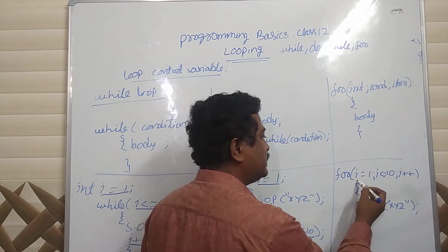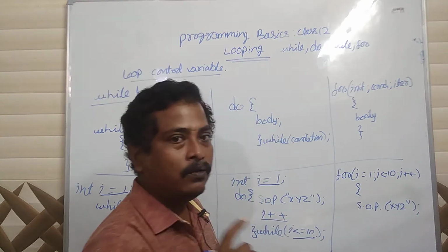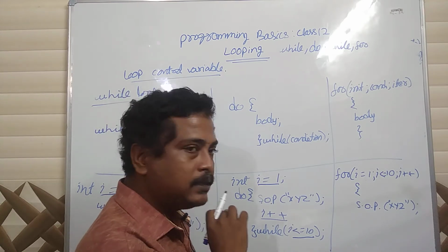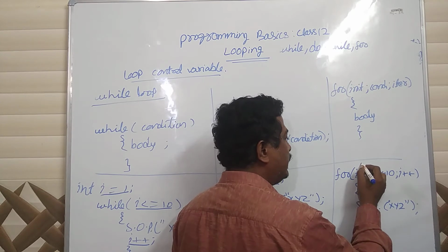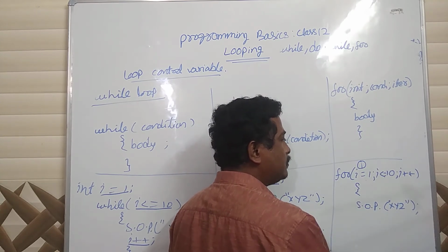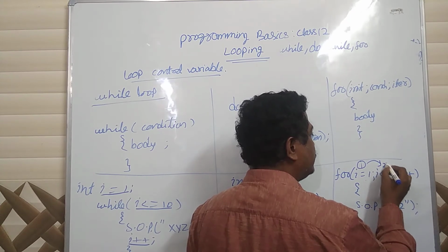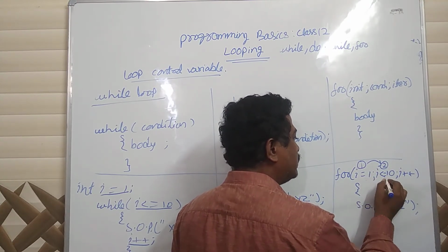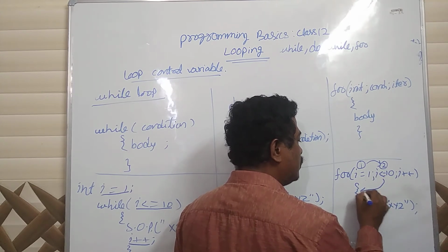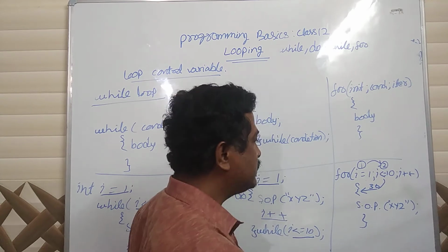Here initialization, condition and iteration, it will be in one statement. While executing, first I equal to 1, it will be executed. Second, condition will be checked that I is less than 10 or not. If condition is checked, then control will come to the body of the loop. That is the third step.